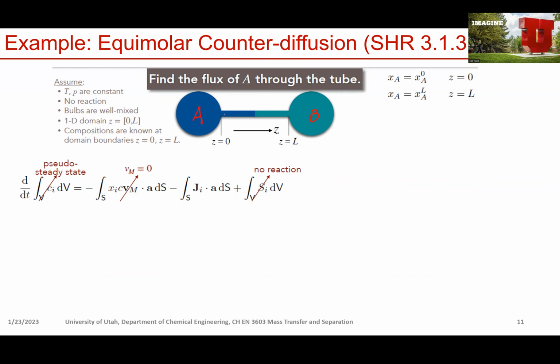In this case, this narrow tube can be approximated by a 1D tube, so you only need to consider one dimension in the Z direction.